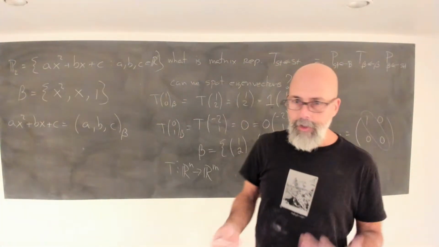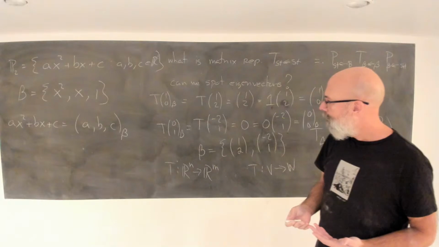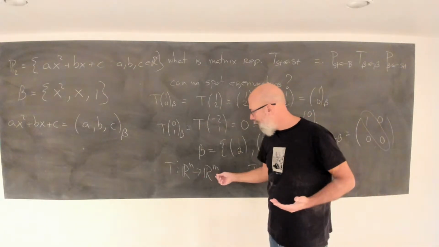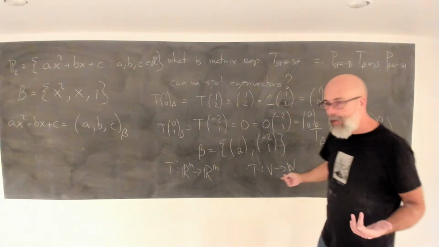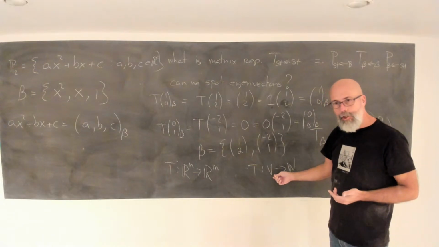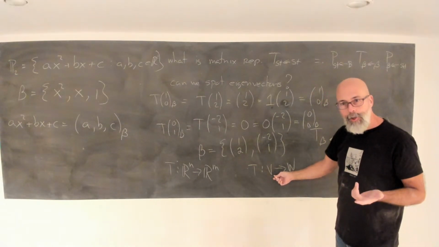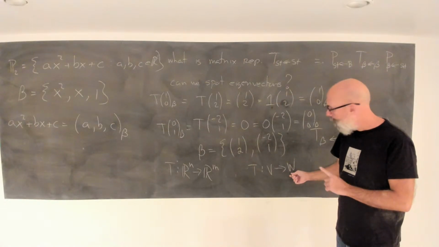So we convinced ourselves that linear transformations from Rn to Rm were really multiplication by a matrix. And now you can extend that immediately to linear transformations from finite dimensional vector spaces to other finite dimensional vector spaces.